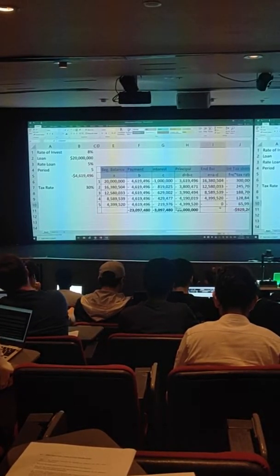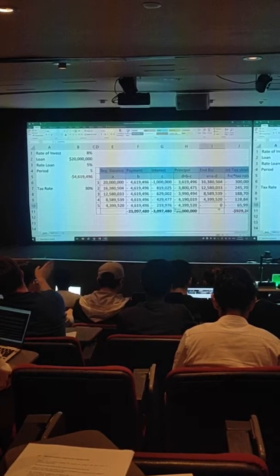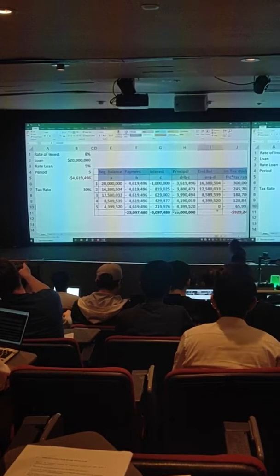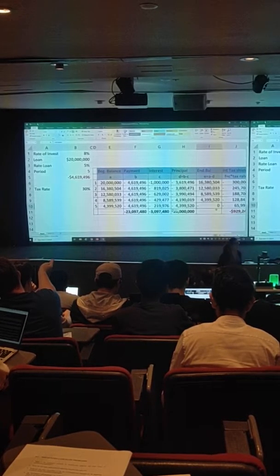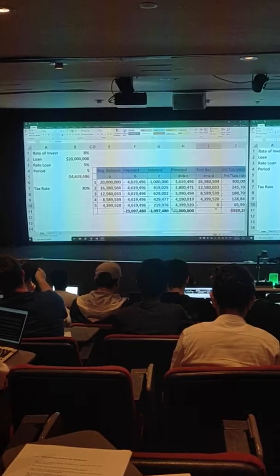See how at the end of the 5 years there's a 0. You've paid all the money back, which is the term of our loan.